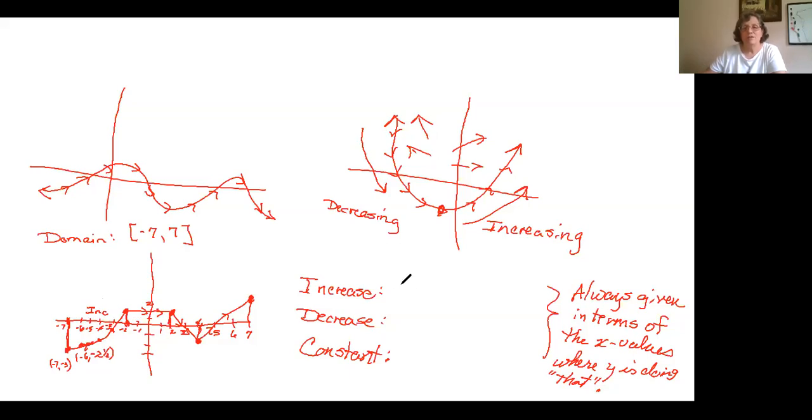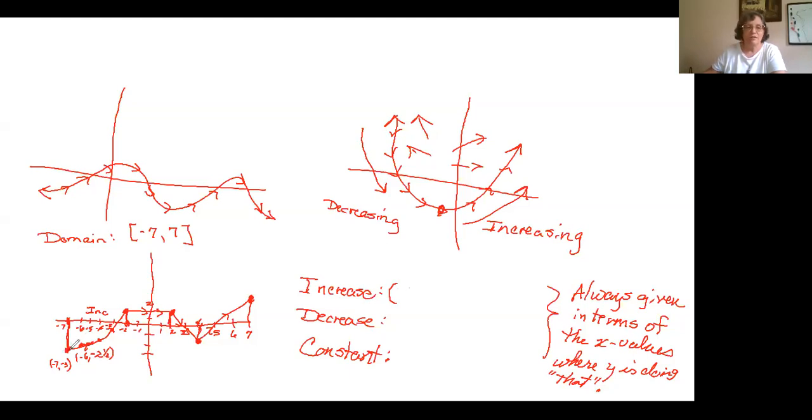Now, some books include the endpoints and some books don't. I personally agree with not including the endpoints because the definition of a point where the graph is increasing is that the point immediately to the left has a smaller y value and the point immediately to the right has a bigger y value.